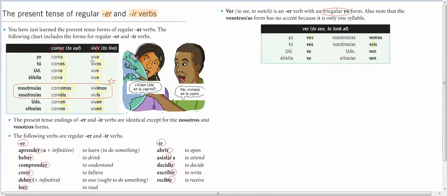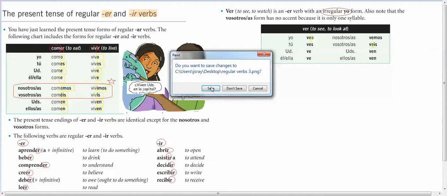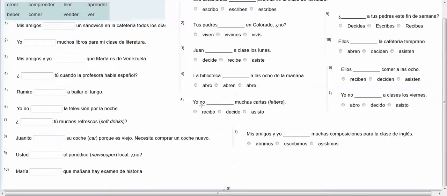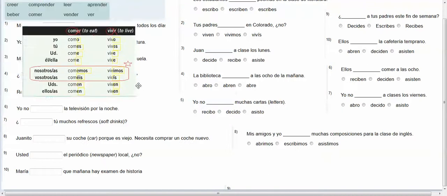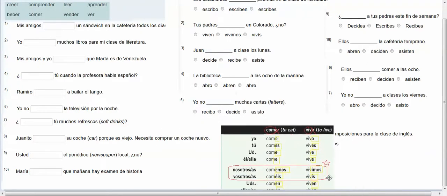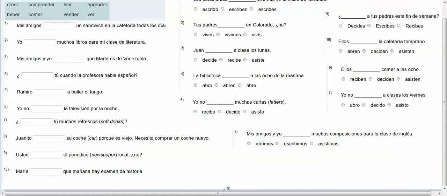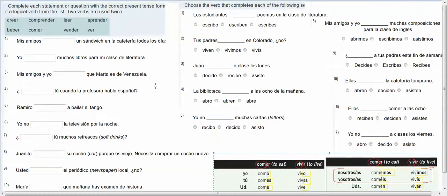Okay, so let's do some practice with these. Okay, with a little bit of finagling, I got it on here.